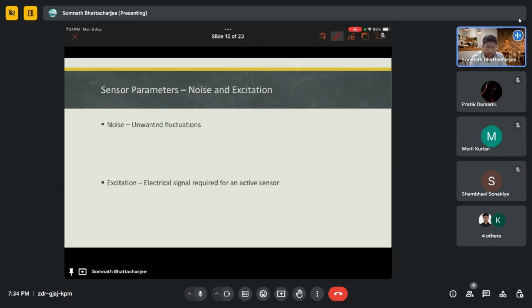Yeah. So noise is another kind of sensor parameter. A sensor can have noise from within itself, or it can have noise from neighbor sensors or circuits, and also from its own interfacing circuits as well.